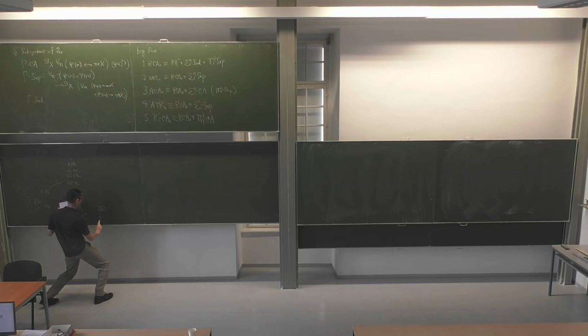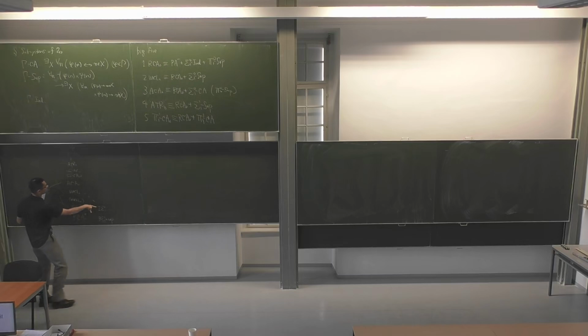BΣ01 plus exponential is the level of RCA0, and the level of IΣ1 is RCA0 and WKL0 both with the level of IΣ1, and then this is the level of PA, and actually PA is here, and then it gets stronger.